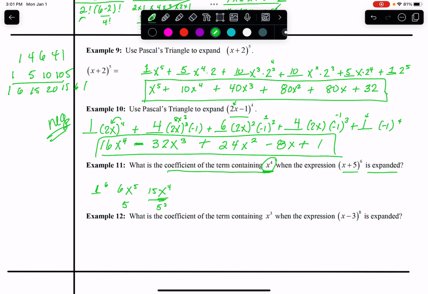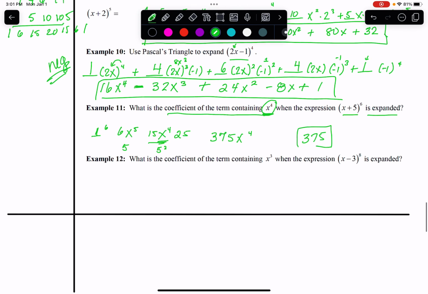So this is 25. Okay, so 15 times 25 is 375. So 375 x to the 4th, but it just wants the coefficient. So 375 would be the coefficient.